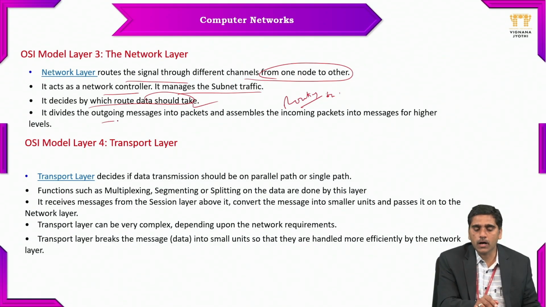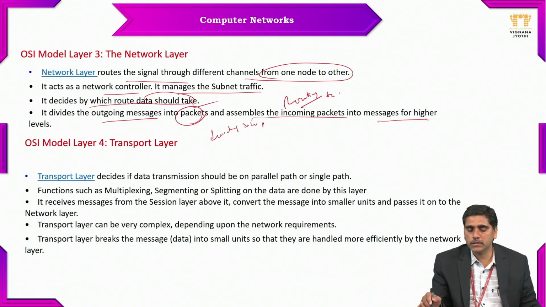And it divides the outgoing messages into packets. It divides entire messages into packets and assembles the incoming packets into messages for higher levels. So whenever it transfers messages, it converts them into packets, and again whenever it receives the incoming packets, it converts them into messages for higher layers.